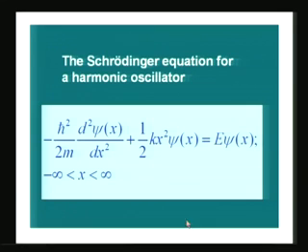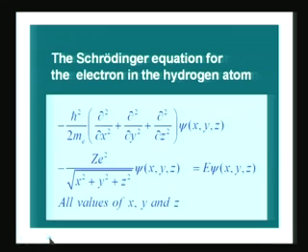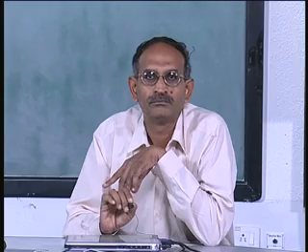And the last is of course the most important one for the chemists, namely the Schrodinger equation for the electron in the hydrogen atom. The Bohr model, if you recall, you are used to drawing a circle with the electron on the circle and the proton in the middle, and drawing the potential energy as the Coulombic interaction energy of the negatively charged electron and the positively charged proton.